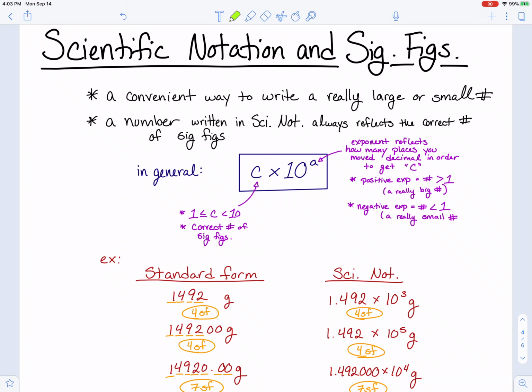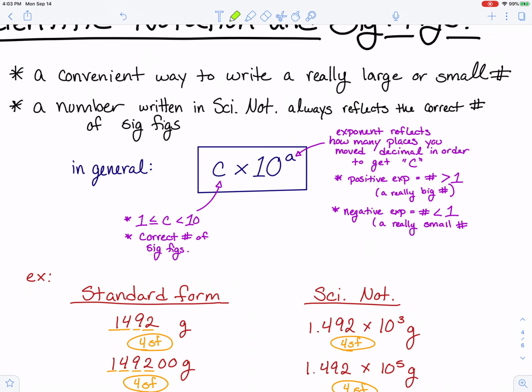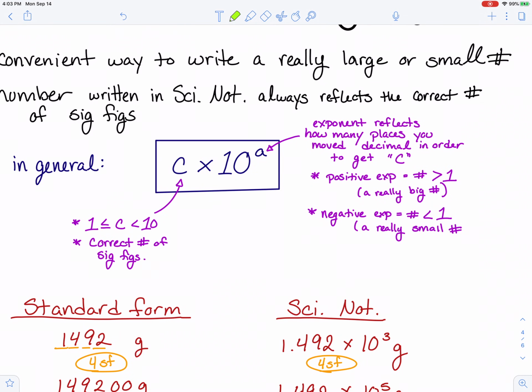So, a number written in scientific notation will also reflect the correct number of sig figs. Here is sort of a general formula for what it looks like. This looks more confusing than it really is, but just so you know, this value right here is your value in the correct number of sig figs, and it should start in the ones place.